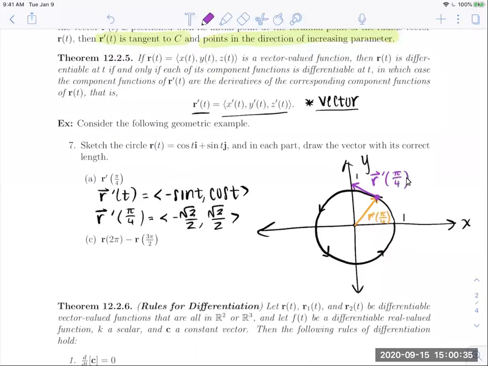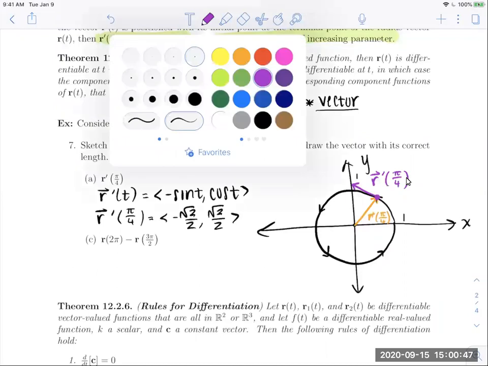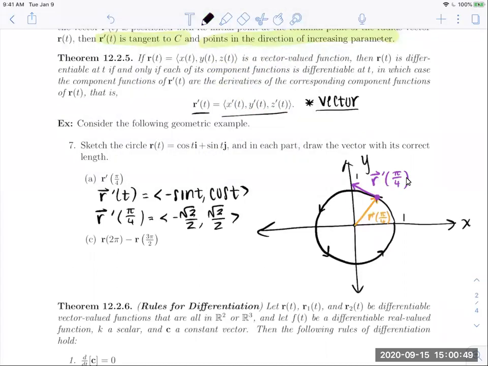All right, and so you can see that tangential nature of r prime as it comes off of the r of pi over 4 vector. All right, the next example is not with the derivative vector, but with the difference. So what I'm going to do here is start by evaluating r of t at 2 pi.